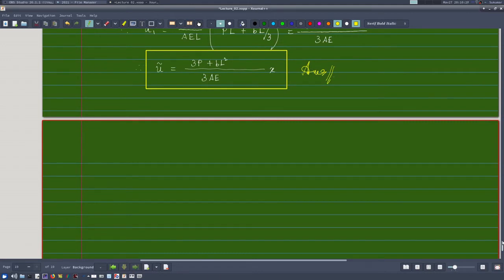So we know now that P at x equal to L is AE, A into stress, stress is E into strain, so E into strain is dũ/dx at x equal to L.